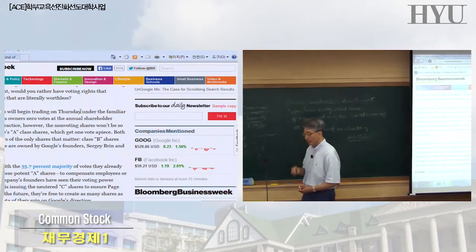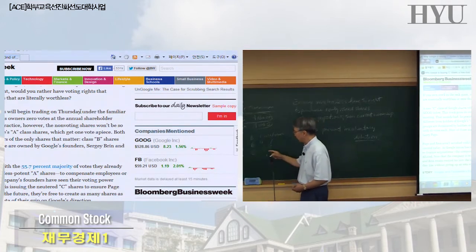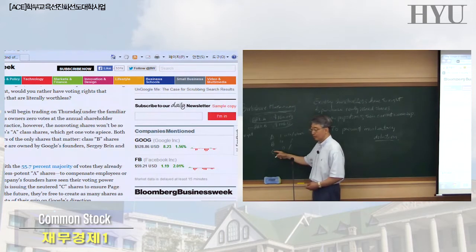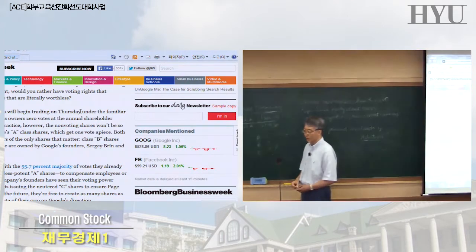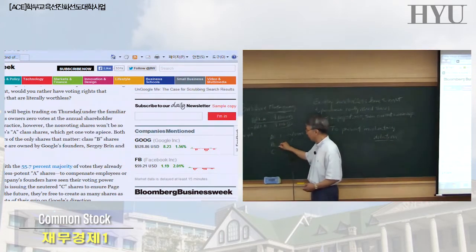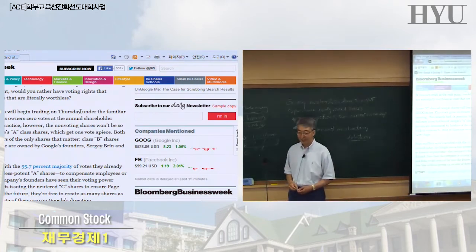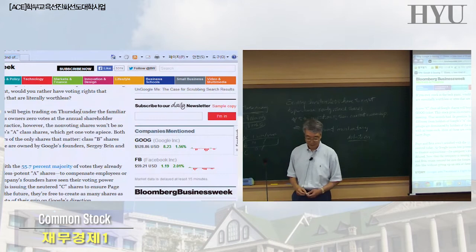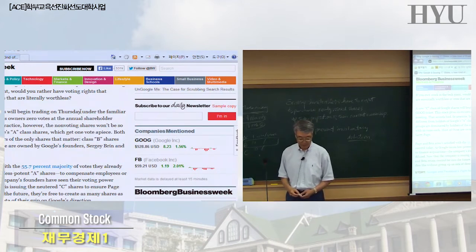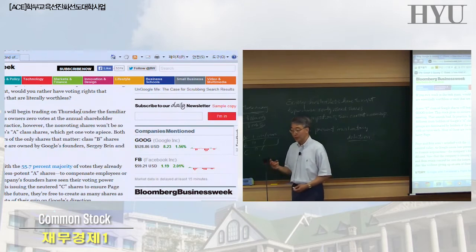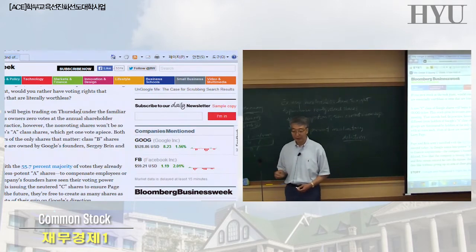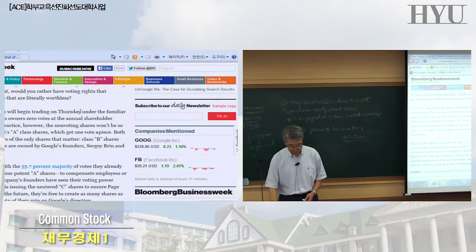So you may think C is really not as good as A, but in reality, even A shares don't make any difference, because most of the B shares are owned by two guys, Sergey Brin and Larry Page. So basically, these two guys can do whatever they want with the company. They don't have to worry about other people.